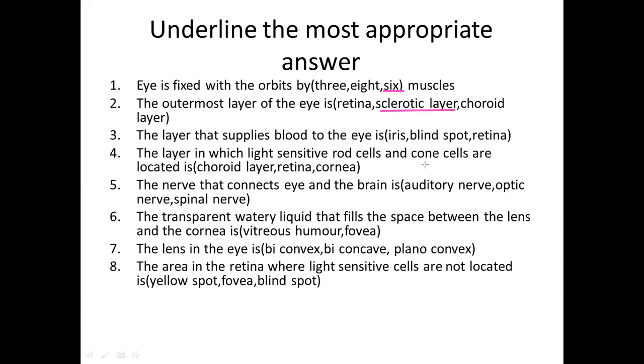The next question: the layer that supplies blood to the eyes. In the diagram you have seen a red colored layer which is known as the. Well, I do not see the answer here. None of the answers can be taken as the answer.